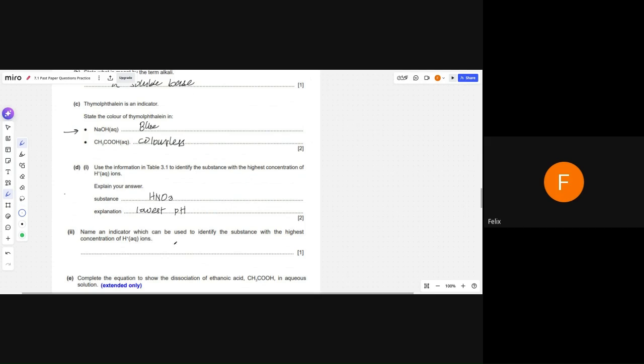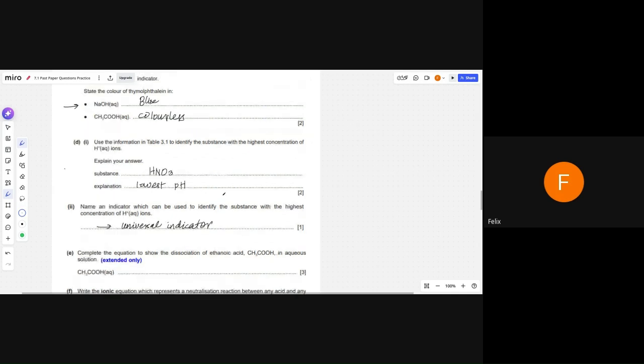That is called universal indicator. If you don't know about universal indicator, you should go back and watch my previous lessons in the playlist, 7.1, the characteristic properties of acids and bases, and you will understand why the answer is universal indicator. I'm not repeating it here.